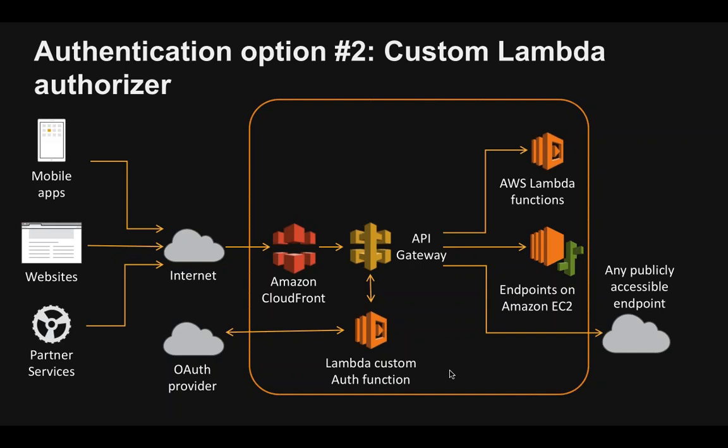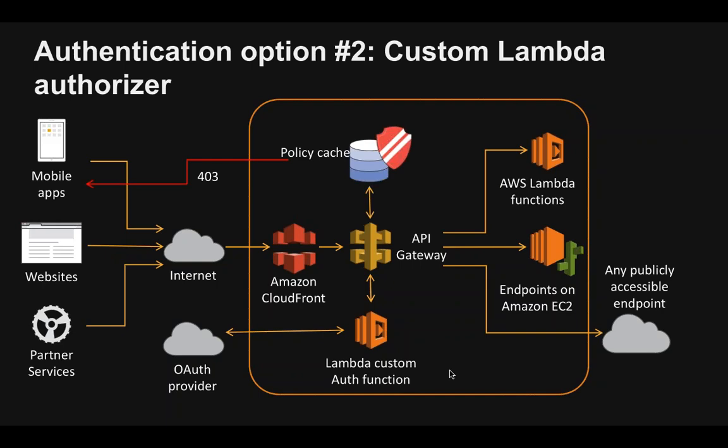So it's going to accept a set of credentials, usually via the authorization header, authenticate those credentials, and then return an IAM policy. It can authenticate to an external provider or even an internal identity source if you've already got one. It'll return an IAM policy, and this policy will contain the authentication and authorization policy for the credentials sent to the custom authorizer.